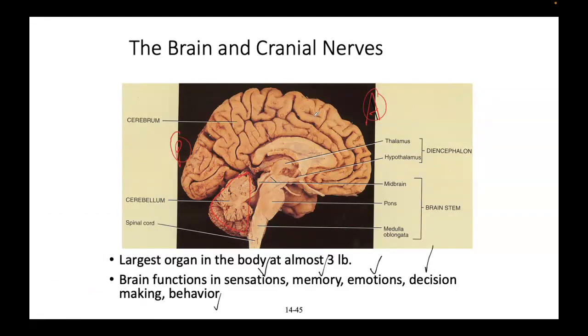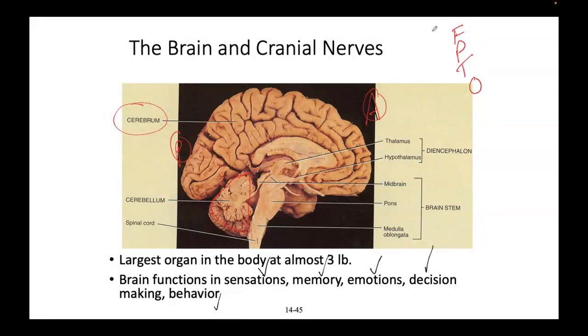Okay. So we'll go through some of the names of some of the main parts. The largest part of the brain is the cerebrum, and the cerebrum has different lobes to it. If you think back to osteology, when you looked at the skull, you had the frontal bone, parietal bone, temporal bone, and occipital bone of the skull.